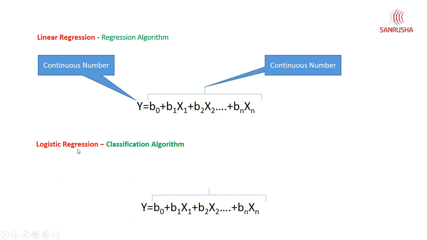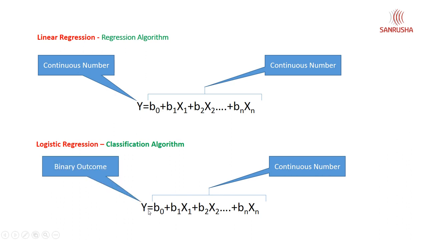Let's come to logistic regression. Even though the name says regression, it's actually a classification algorithm. And by classification I mean the outcome is not a continuous number. So let's begin. On the right side it is the same. It is still a continuous number. So the outcome of this side will be a continuous number.